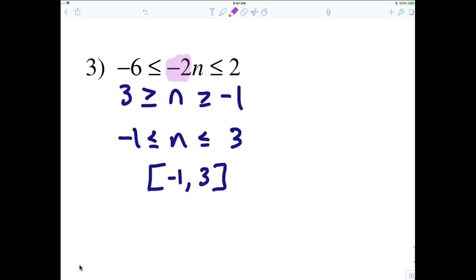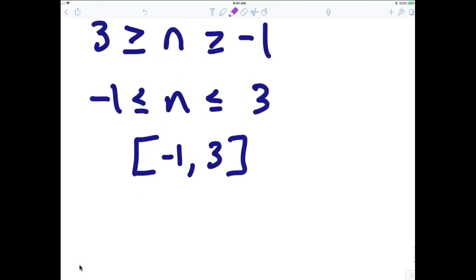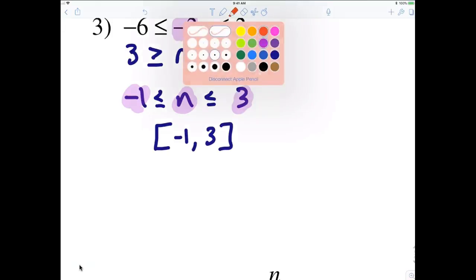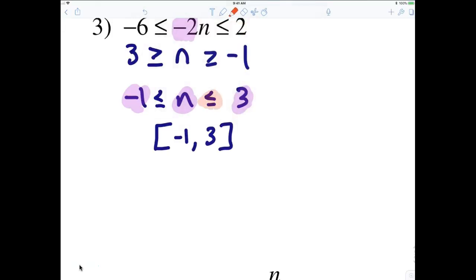Because when you read it right to left, you know what you're supposed to do? Yes, but here's what I want you to tell me, James. You're smart enough to look at that and say n is between -1 and 3. That's what that means. So if n is between -1 and 3, that means n is less than 3.